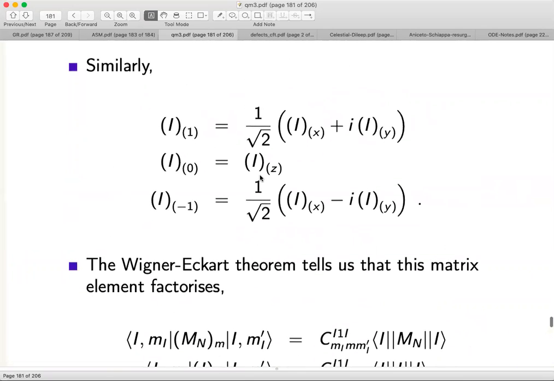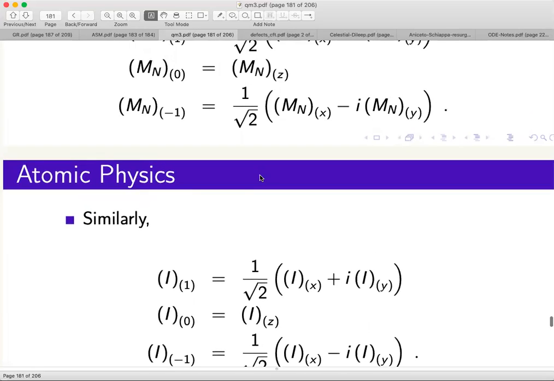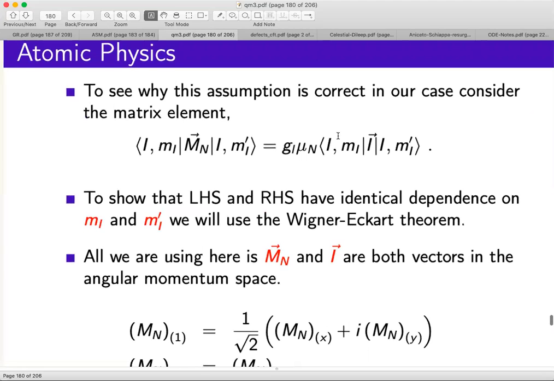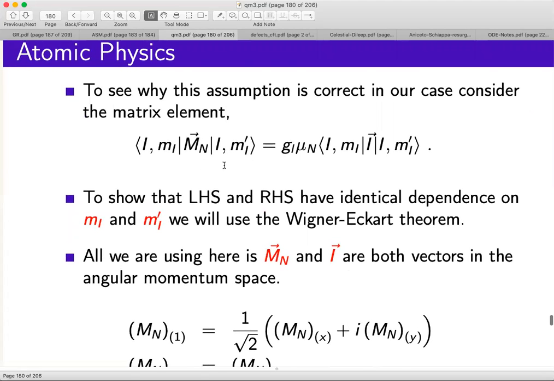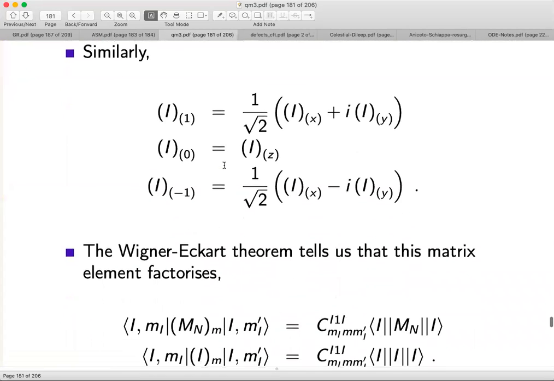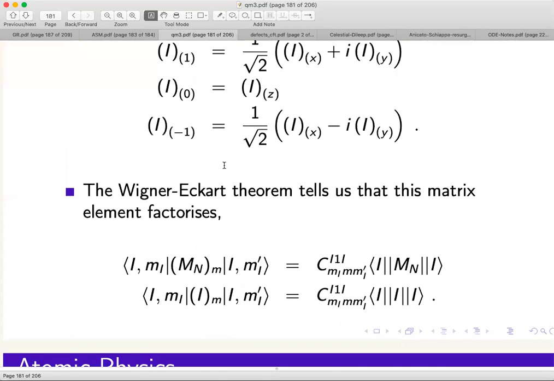Well, not necessarily. If you write Mn in this particular form, yes, it is true. So what I'm saying is this should be non-zero only when both L's are the same.